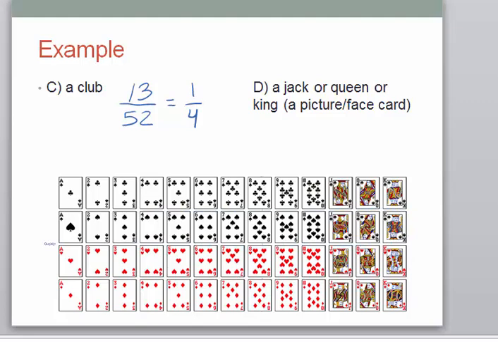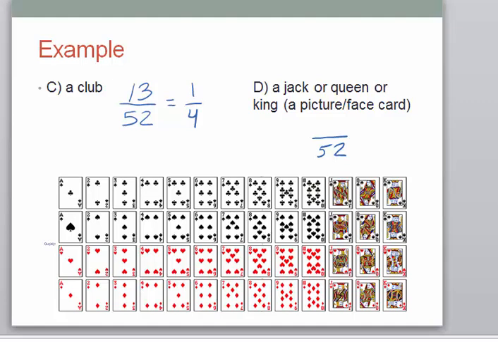For part D, we're asked to find the probability that the card is a jack, a queen, or a king. And sometimes these cards are called picture cards. Sometimes they are called face cards. So again, there are 52 cards in the deck, and so the denominator of our fraction will be 52. And then we need to count the number of cards that meet the criteria that we're being asked about.